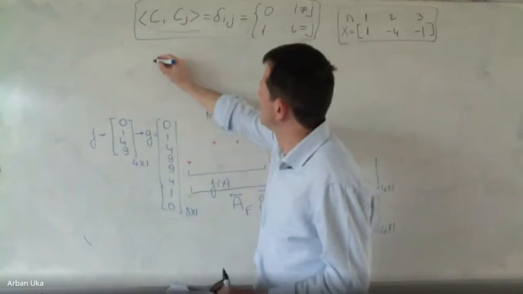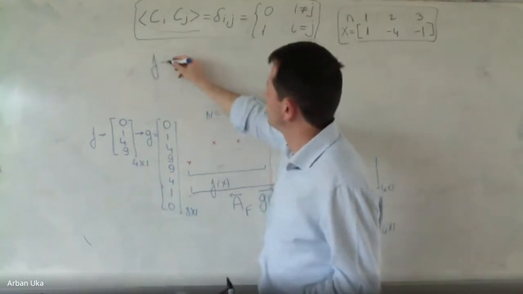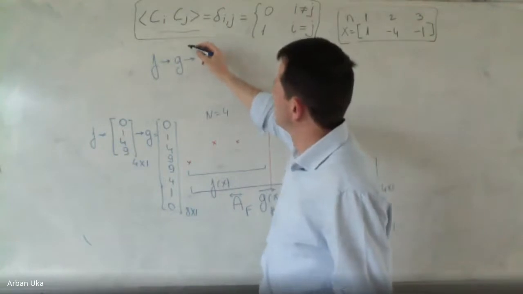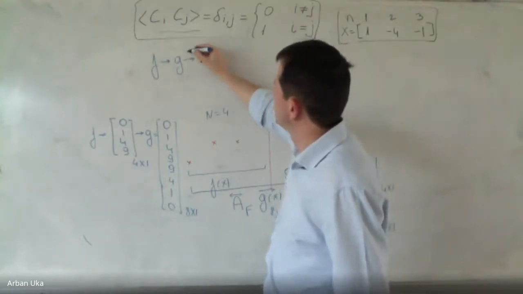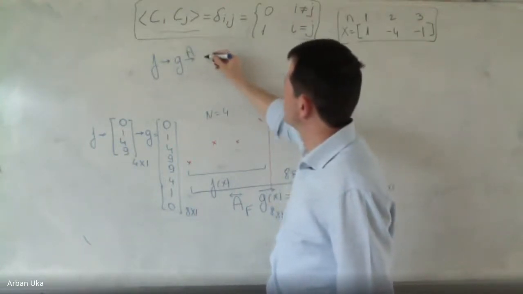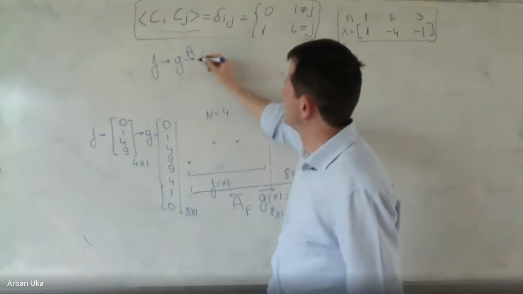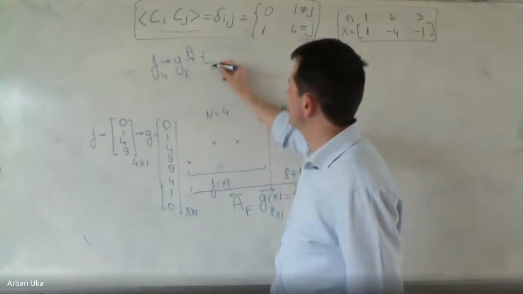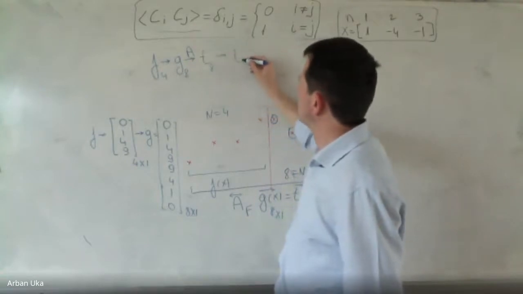So far we have f, we found g, then we apply the operator A, the Fourier transform, and we get t. This is 4, this is 8, this is 8, and then we find t1, which has 4 elements.